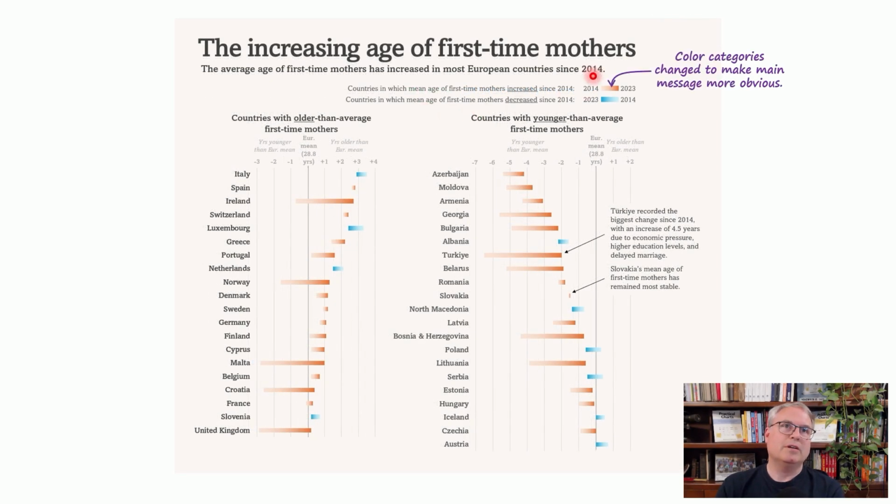And so maybe I'll assign my colors that way, right? And so orange is basically countries that have increased, and blue is countries that have decreased. And now when I look at my chart, I can see, yeah, it's mostly orange, right? So yes, indeed, most countries had increases in the average age of first-time mothers. There were a couple that decreased, but most were increasing.